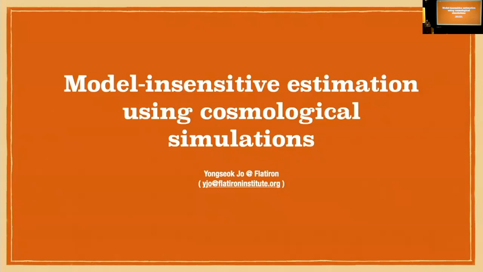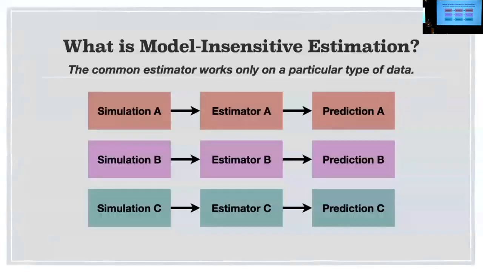What I mean by model sensitive is, if you think about conventional estimation tools, we usually train a network or some machine on just one kind of simulation and make predictions on the same simulations.